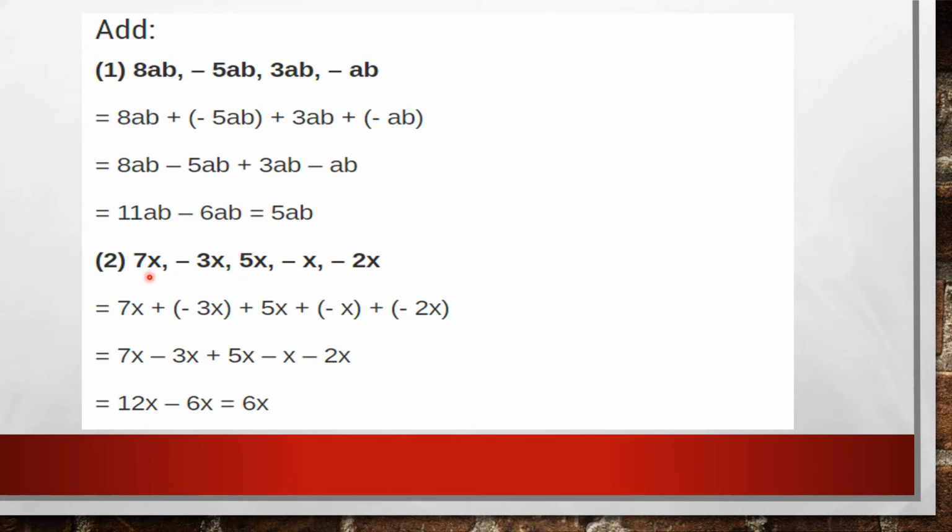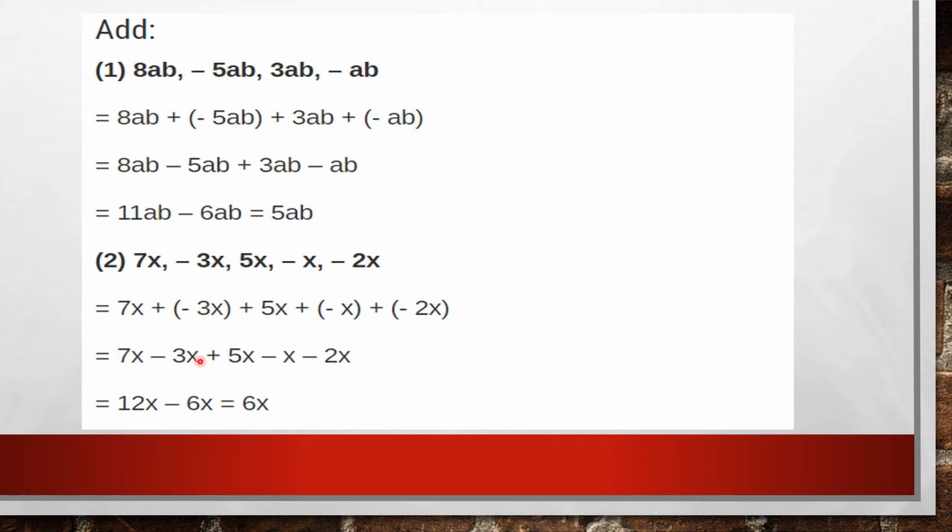If you look at the next problem, 7x minus 3x, 5x minus x minus 2x, bring the like terms together. If it is a positive term, bring it together. Negative terms, bring them together. So 7x plus 5x, and then minus of 3x plus x and then minus 2x.